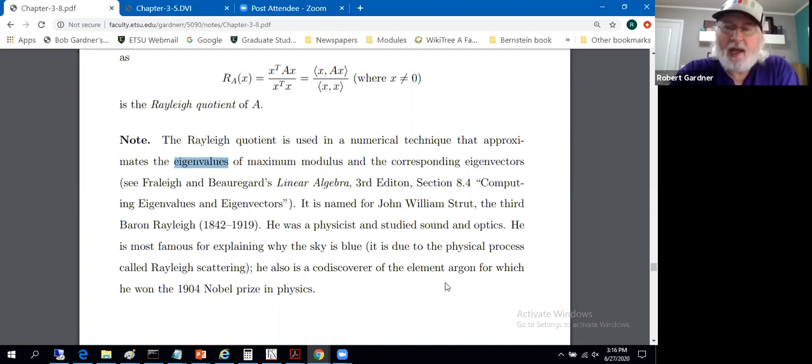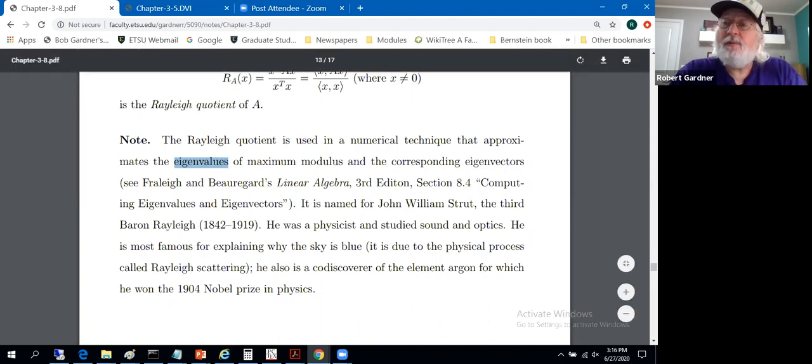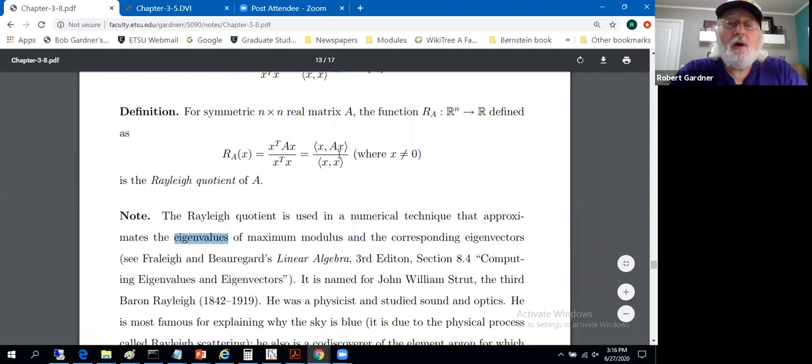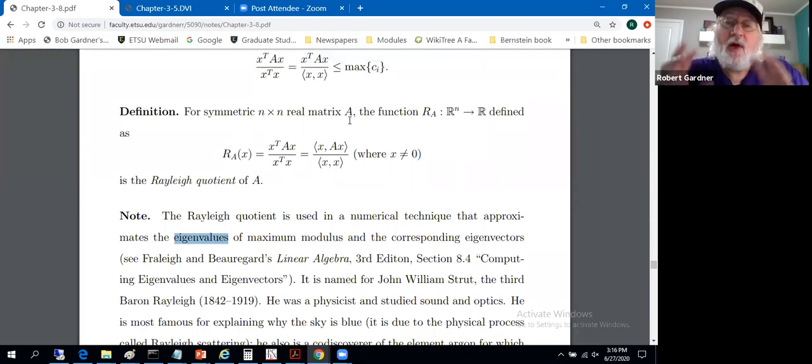It's a noble gas, isn't it? And he won the Nobel Prize in Physics in 1904. But Rayleigh quotients, apparently of some numerical interest, are only useful when dealing with symmetric real matrices because of all the orthogonality stuff with the eigenvectors that underlie us getting to this little equation down here.